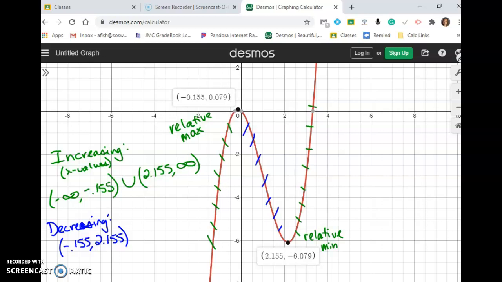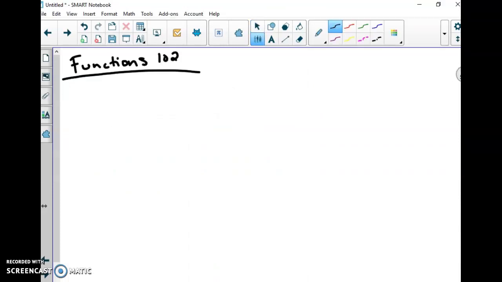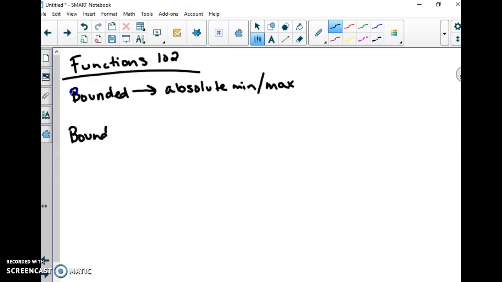This is what we call bounded. Bounded gives you the absolute min slash max. So it's going to be something along the lines of I'm bounded above or bounded below. You are also going to have bounded by the domain.